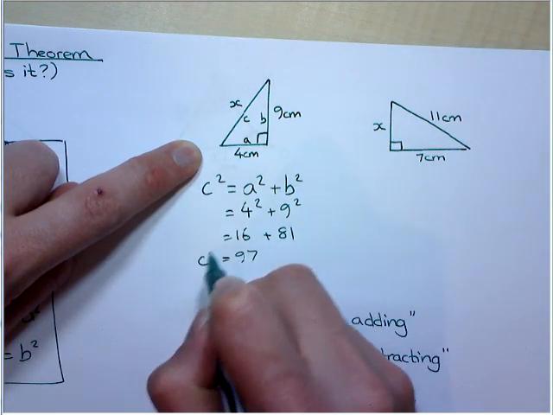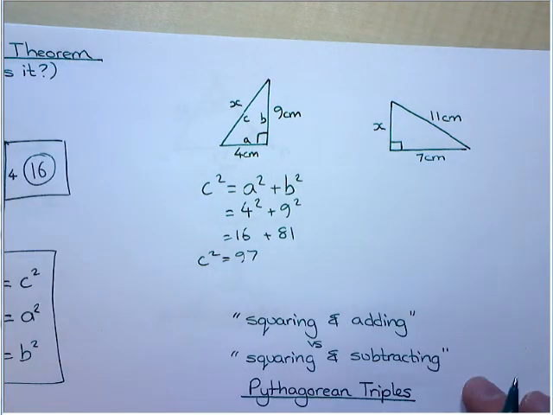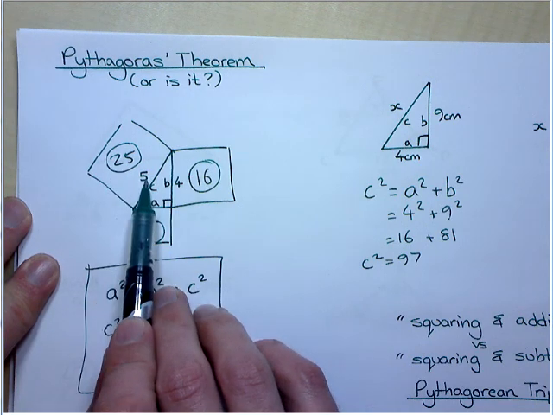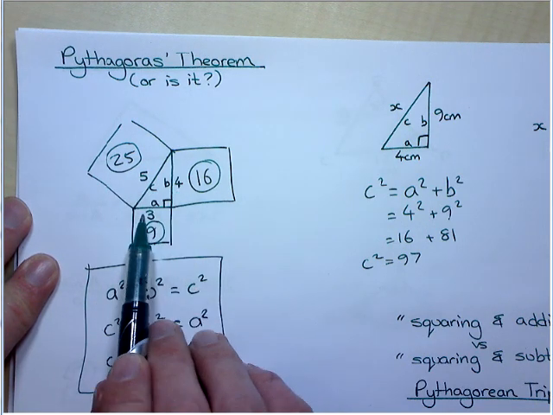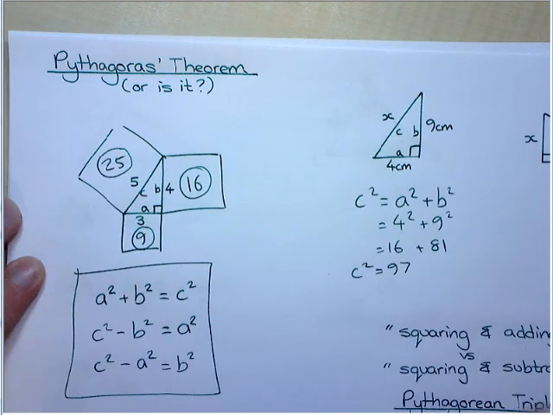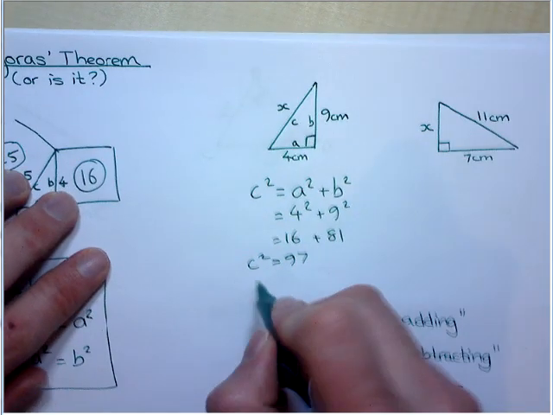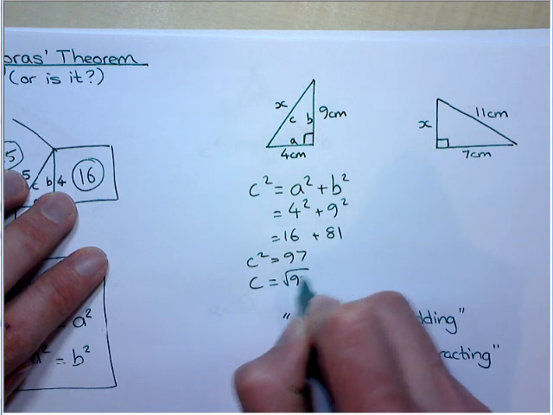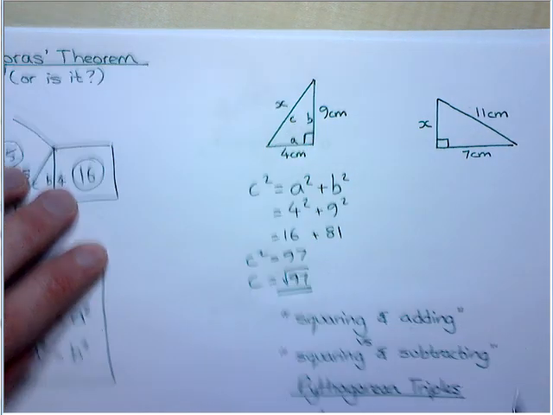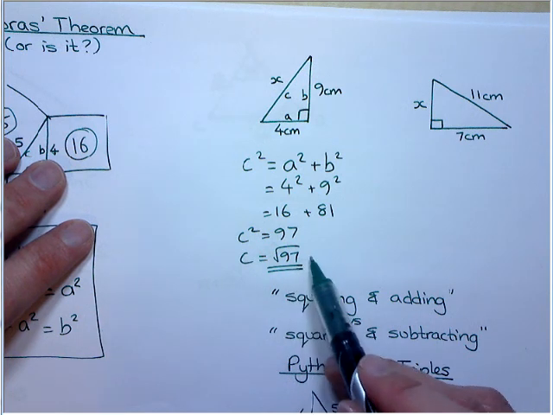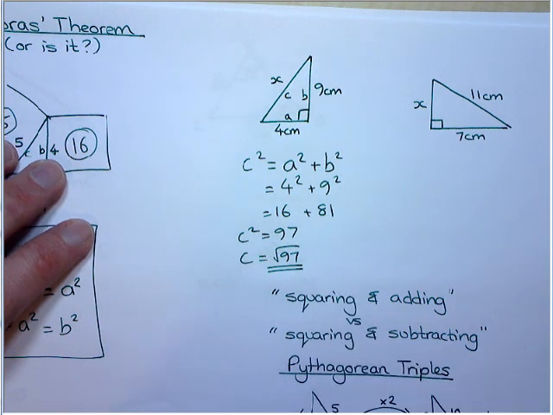So we have C squared to be 97. So basically, we're saying the area of this one was 25. You had to square root it. So the area of this square is 97. We have to square root it. Now, I'm not going to use my calculator, I'm just going to leave it like this. Sometimes they might say leave it in surd form, or if you just pick up your calculator and round it to whatever they ask you.